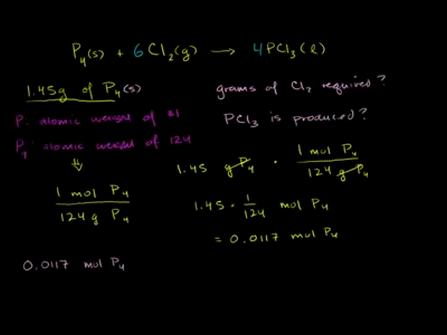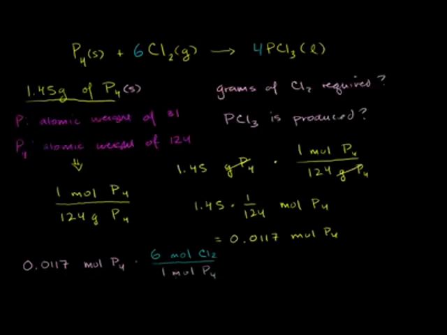So let me write this down. For every 6 moles of chlorine gas, I'll do it in blue, we need 1 mole of molecular phosphorus.